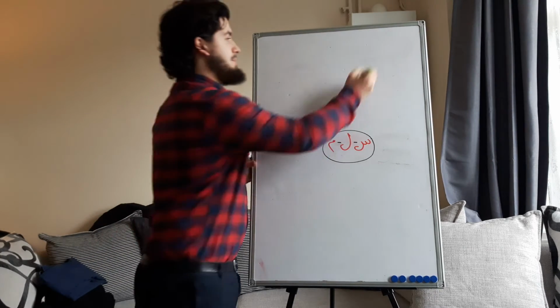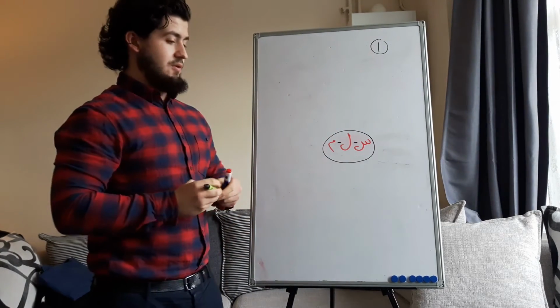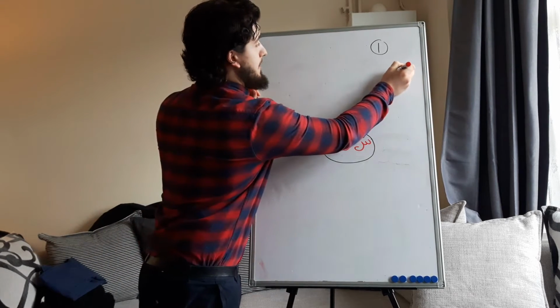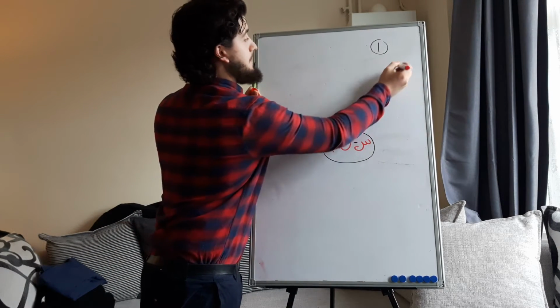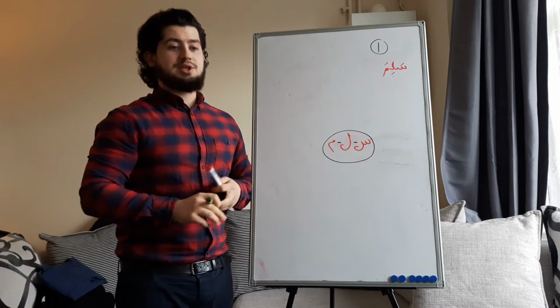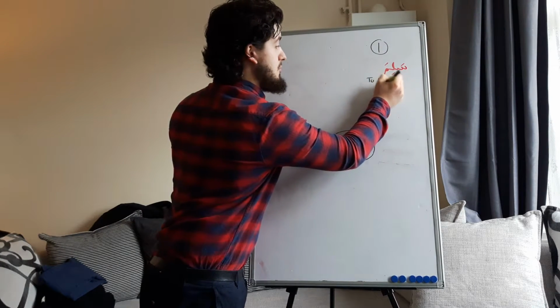So we'll start with number one. We'll start with this first form, which is the root as Majid Nawaz said, salima. This is form one, which does actually mean, to be safe, maybe. To be safe.